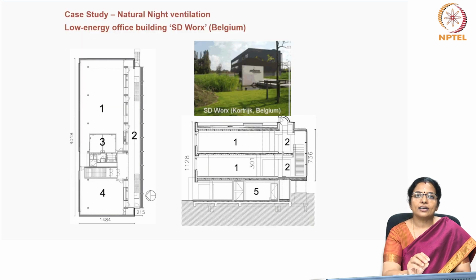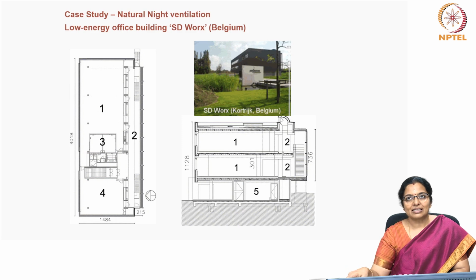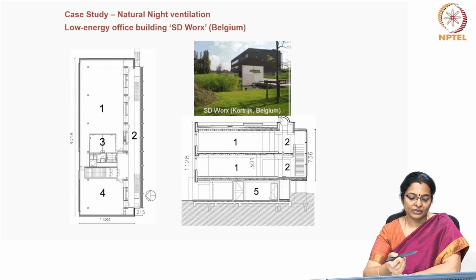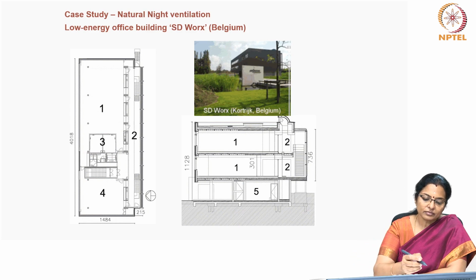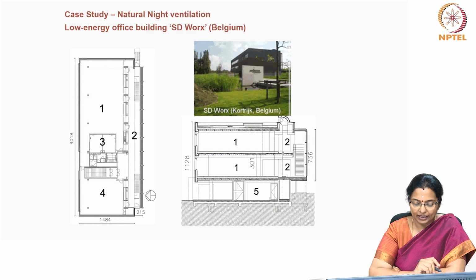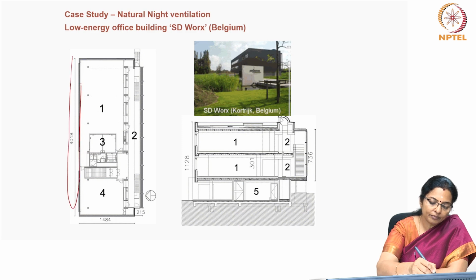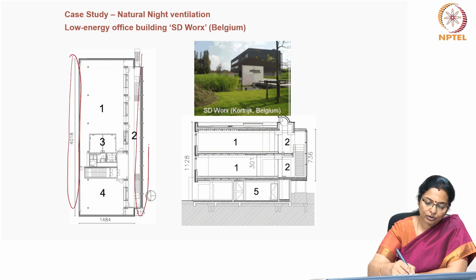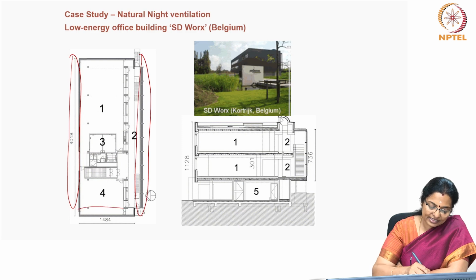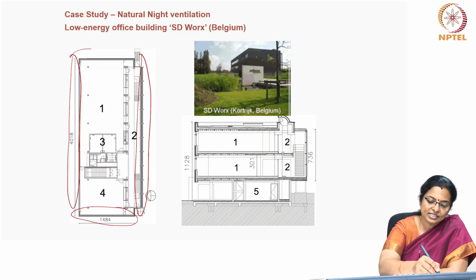We will look at a low energy office building called SD Works. Now, SD Works is a simple building. It's a rectangular building with longer surfaces along the north and south. The east and west have shorter surfaces.